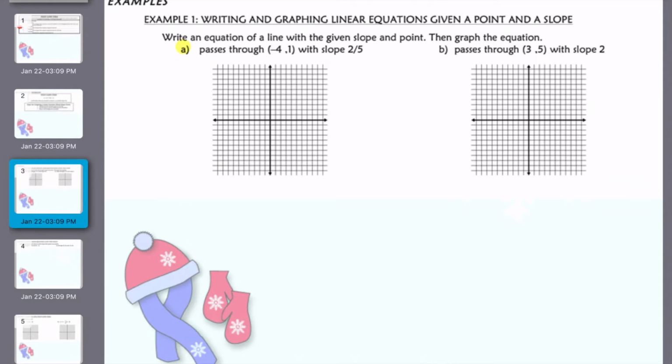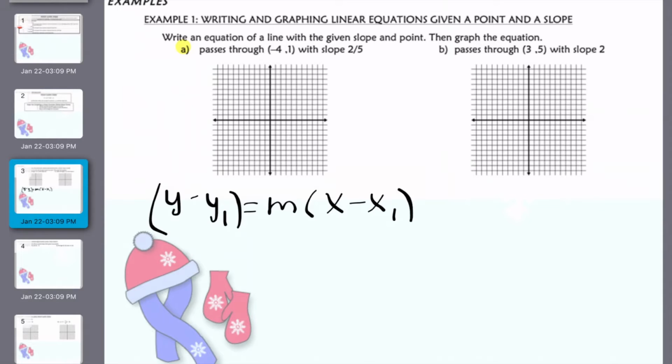So for question A, we need to write an equation of a line with the given slope and point and then graph the equation. So I'm going to write our formula for point-slope form again. It's y minus y1 equals m times x minus x1. So like we have in the past, we need to label our point (-4, 1) as x1, y1.